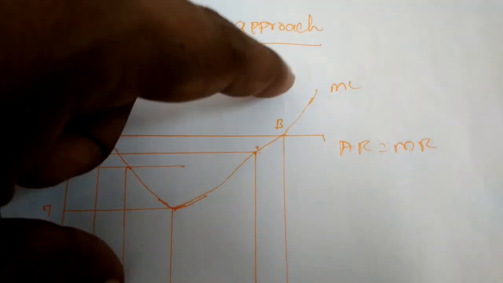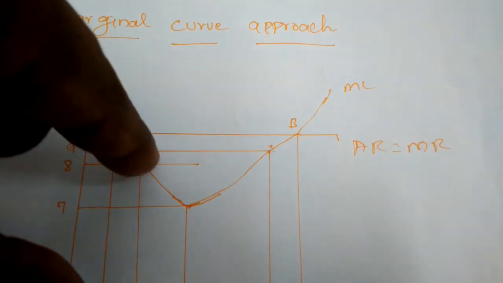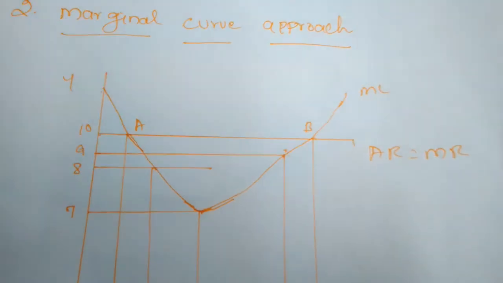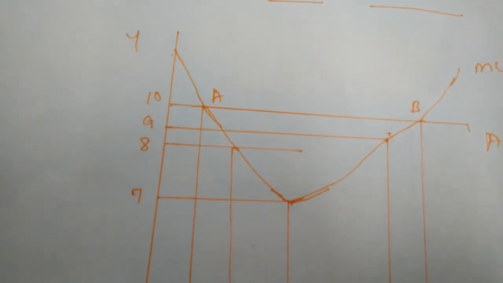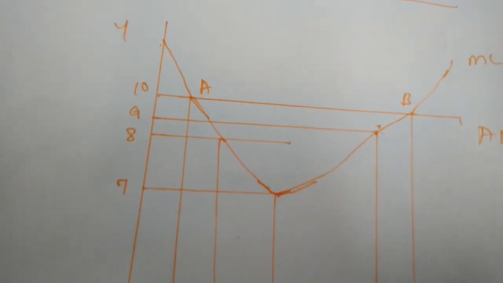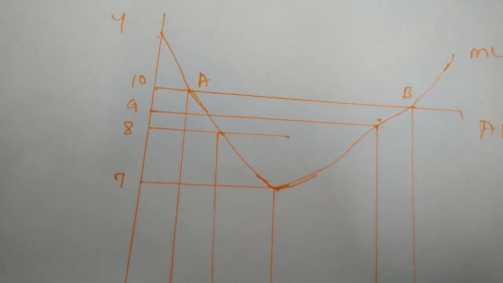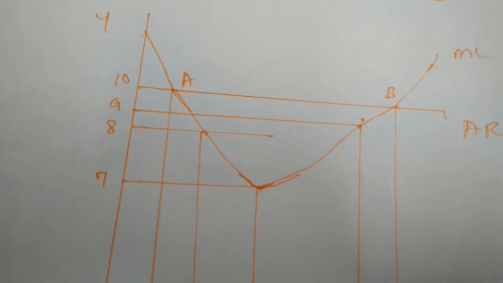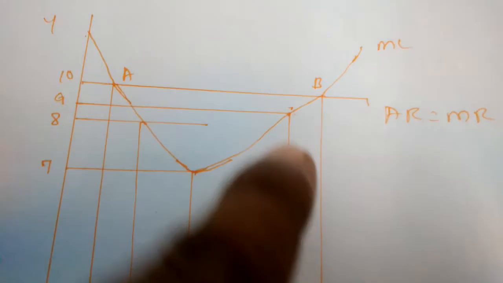So what it means is that the marginal cost decreases and then increases at a particular point. A firm under imperfect competition faces a declining price line. The marginal cost is U-shaped and it cuts MR at two points, one from above and one from below. So this is the marginal cost curve.